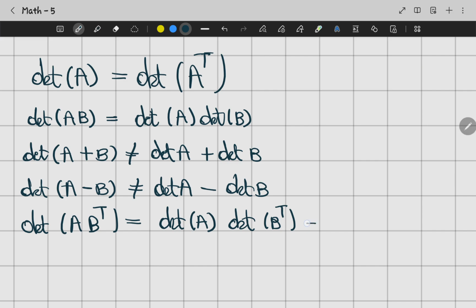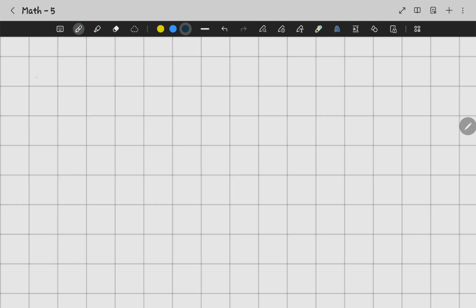And we know that we could just rewrite this, so it will be the determinant of A times the determinant of B. Okay, let's continue. For example, we are asked to find the determinant.